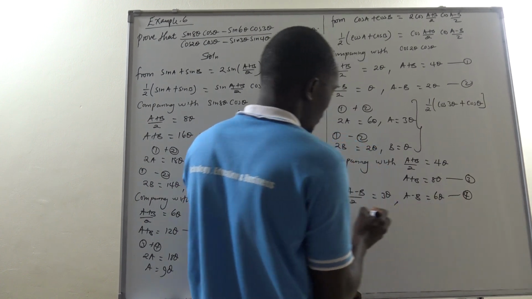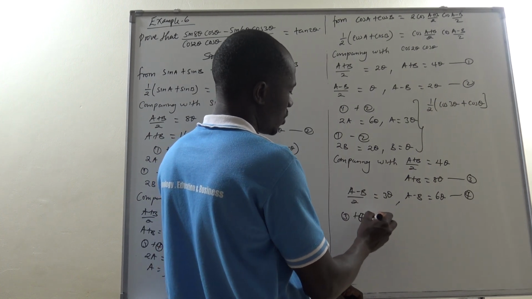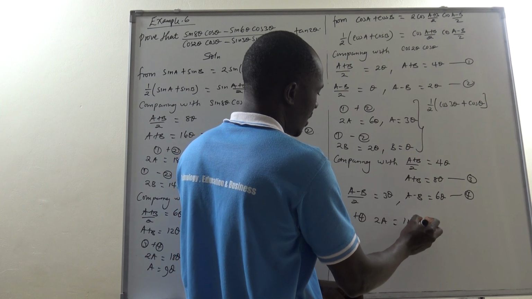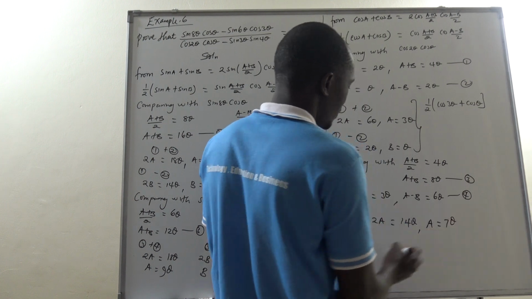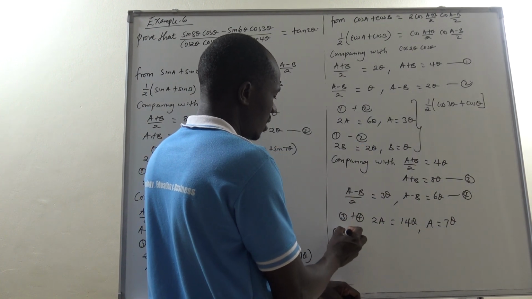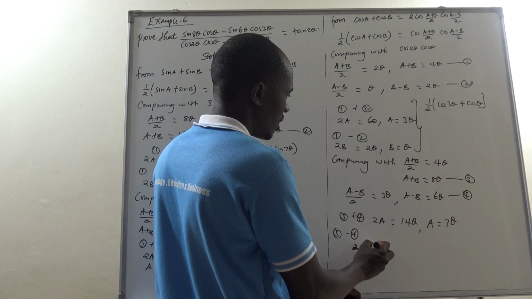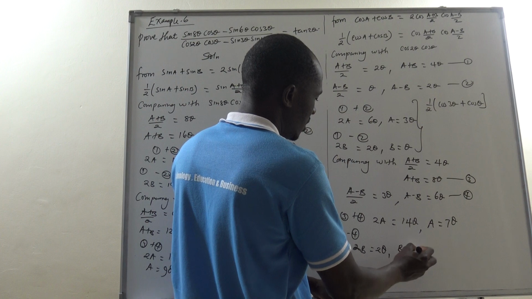This is the fourth. Then we say 3 plus 4. We are coming out with 2a equals 14 theta. So what is a? A alone is 7 theta. We also say 3 minus 4. We are coming out with 2b equals 2 theta. So b alone is theta.